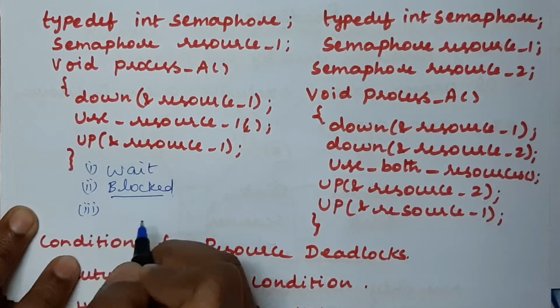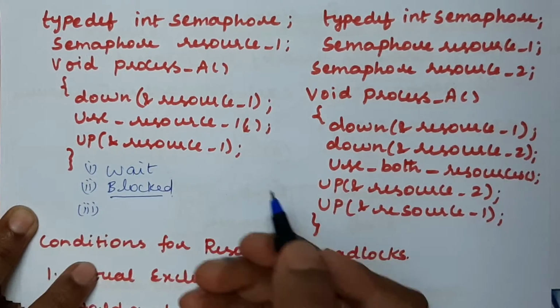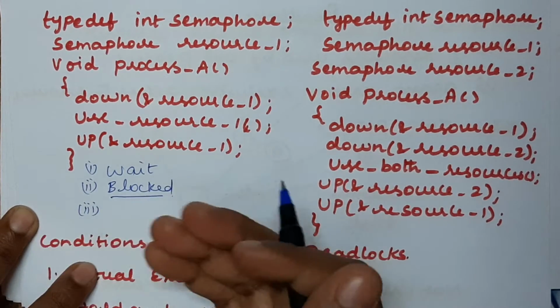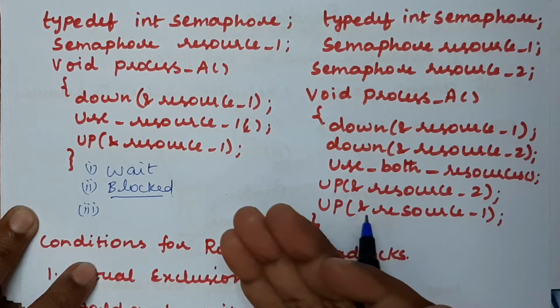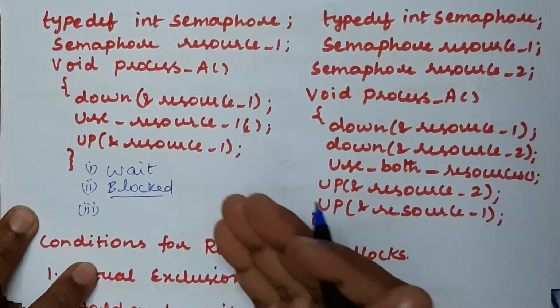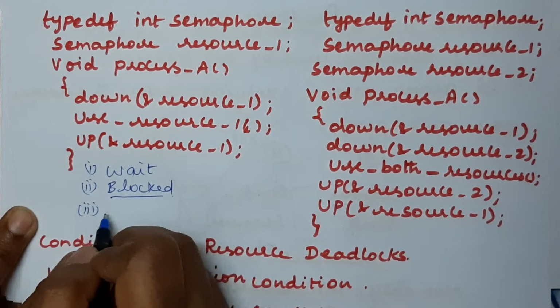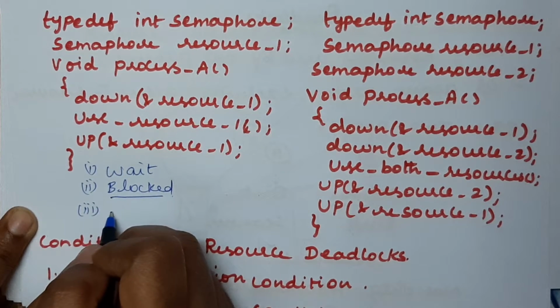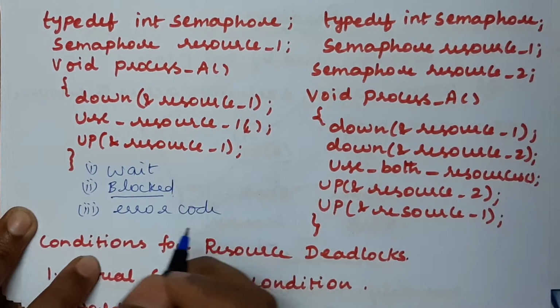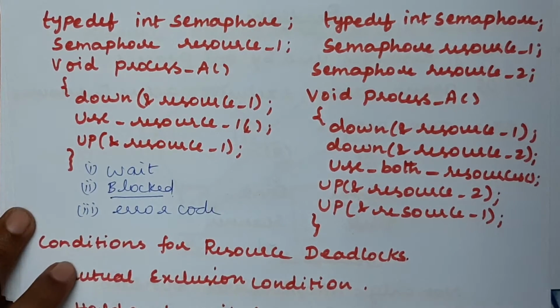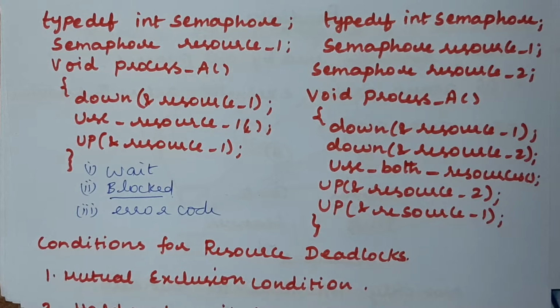The third case is that the request fails. The process requests the resource and the request fails, which means the resource is not available currently. The failure will be intimated to the process with the help of an error code. With that, it comes to know that the requested resource is not available.